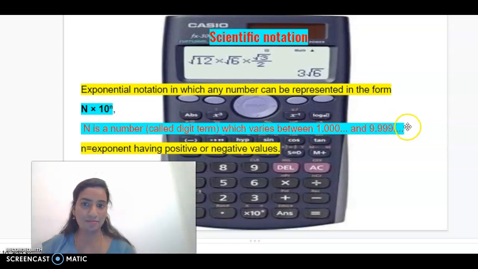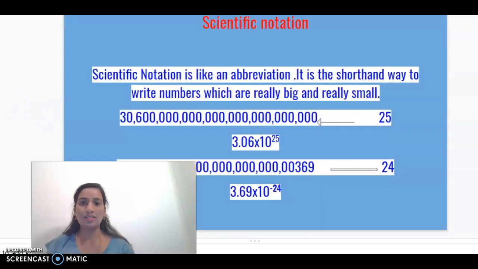That means the digit term can be varied from 1 to 10. And the small n is the exponential term, having either positive or negative values.